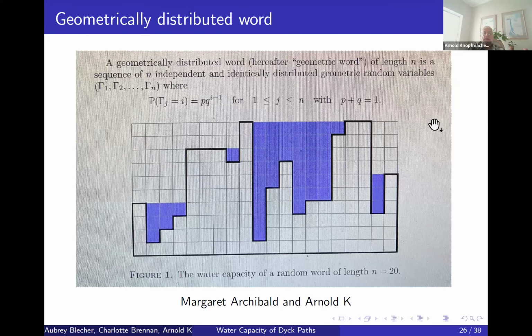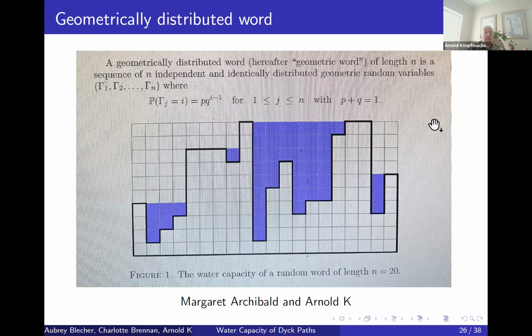And this was the paper that I did together with Margaret Archibald, who is also at Wits. This time we generate a word, but we generate a word by tossing a coin repeatedly. And we toss the coin and count how many times we toss it until heads turns up.